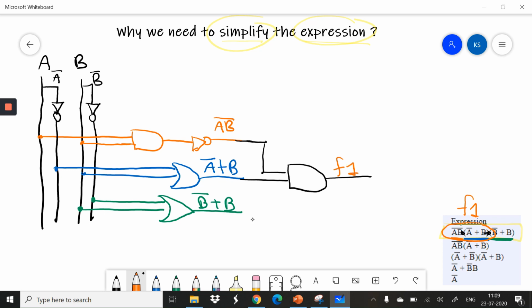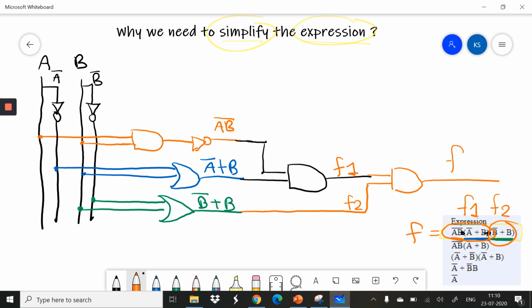F1 is connected with this. Let's say this is my F2, and let's say this whole expression I call F. So I'll draw the AND gate, and finally I got F, which is my output. It's easy; we know how to draw digital circuits.